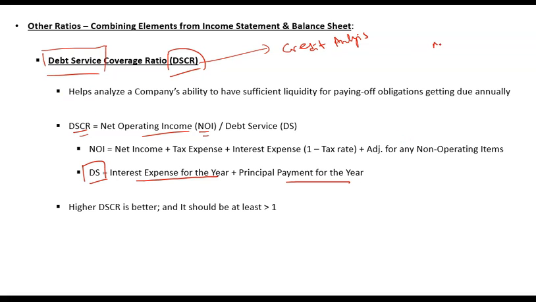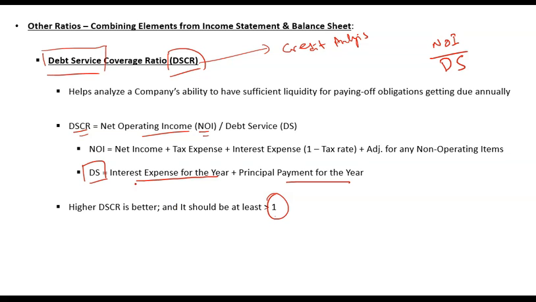So the ratio is net operating income to debt service. This is known as debt service coverage ratio. This ratio needs to be greater than 1 or at least 1. If it is less than 1, that means you are not generating enough money to pay off your liabilities falling due in the year. This has to be greater than 1, and the higher it is, the better.